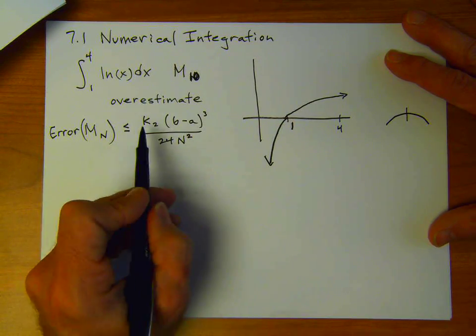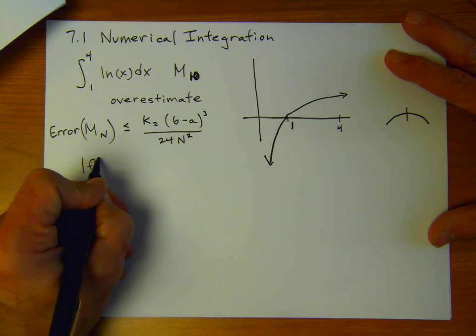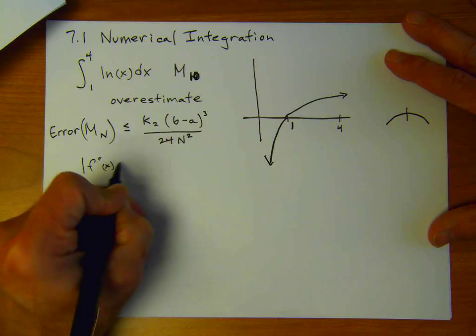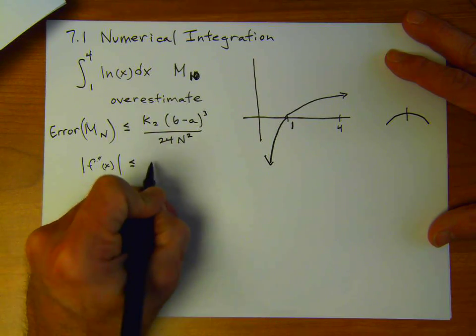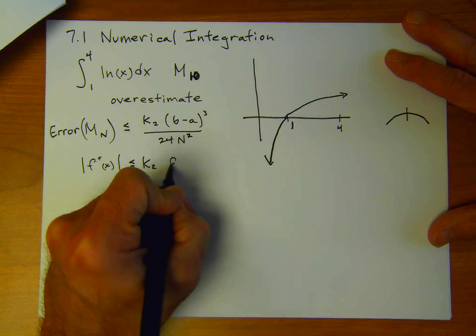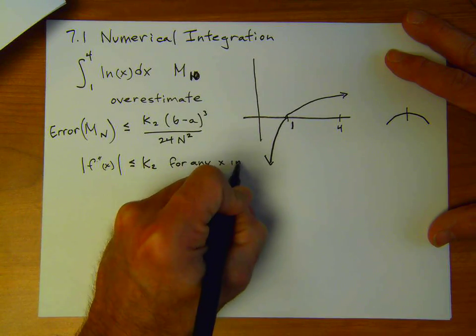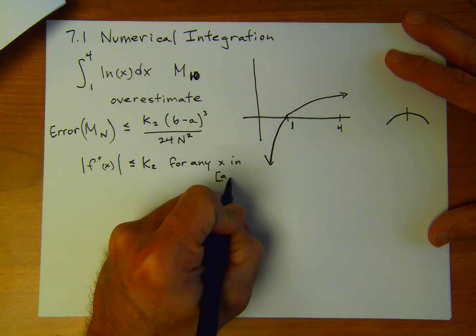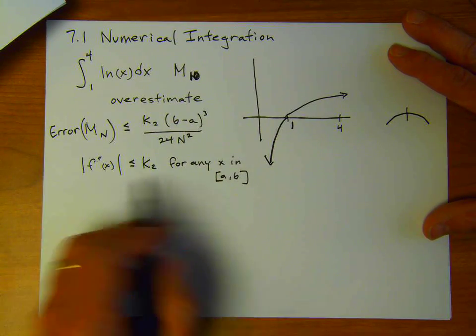Remember, K2 is the number that is an upper bound for the absolute value of the second derivative of our function, for any x in our interval [a, b].